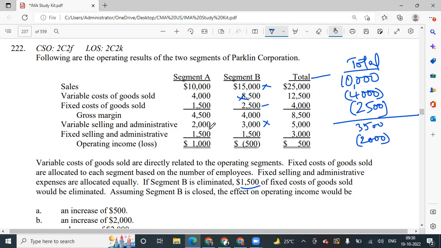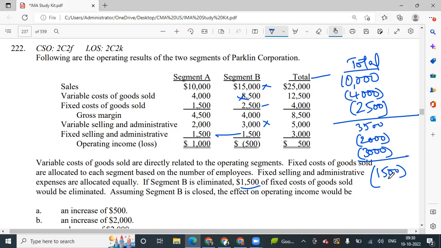And then fixed selling and administrative, 1,500 and 1,500. This one is not going to be eliminated because that's fixed cost. So minus 3,000. If I see here, this is minus 5,000 and 3,500. So I'm getting a loss of 1,500.